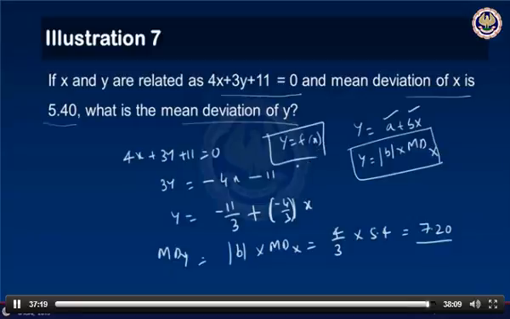After that, find the value of the b coefficient. We take the b coefficient only as a positive, absolute value, then multiply by the given mean deviation of x, and then we can find the mean deviation of y. This is very important from the examination point of view.